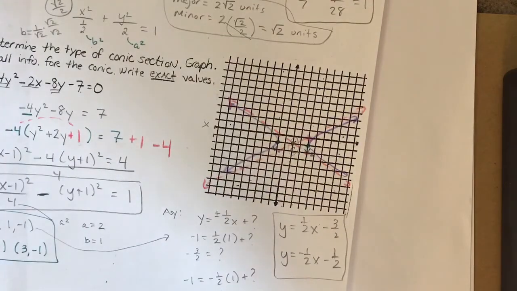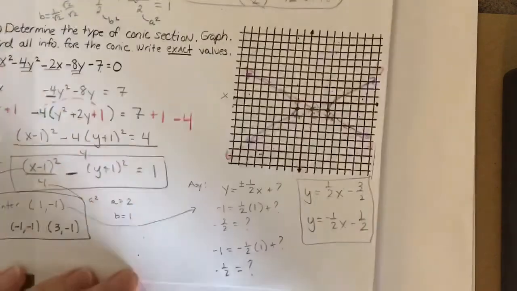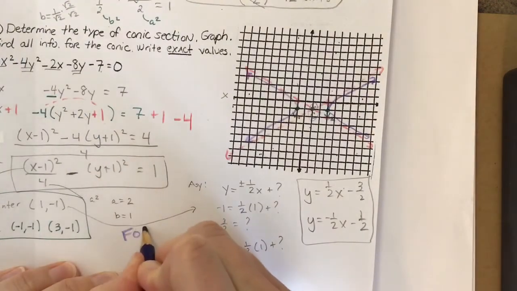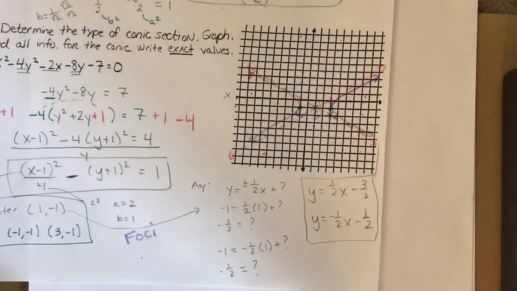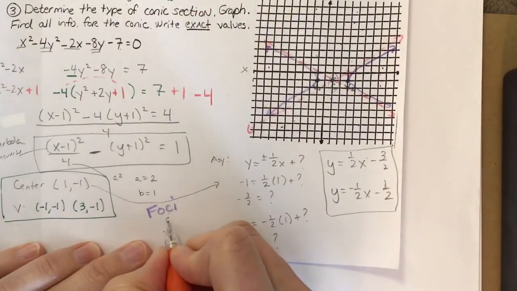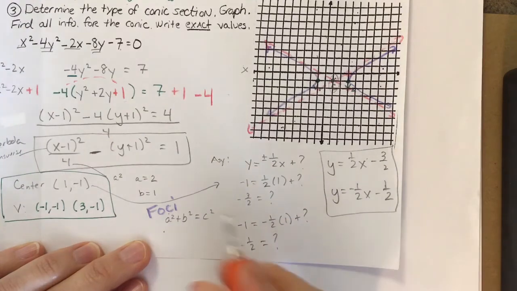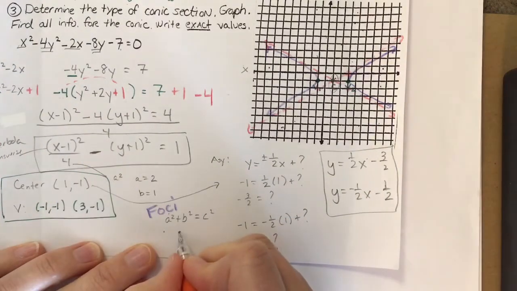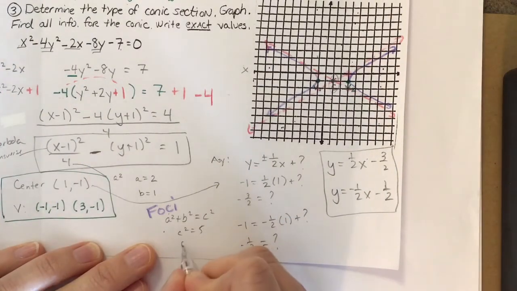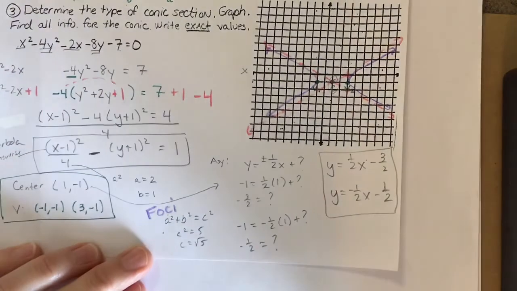Almost, you say, because the last thing we need is the foci. Now, to find the foci in a hyperbola, it's the regular Pythagorean: a squared plus b squared equals c squared. That's 4 plus 1. c squared is 5. c is the square root of 5.